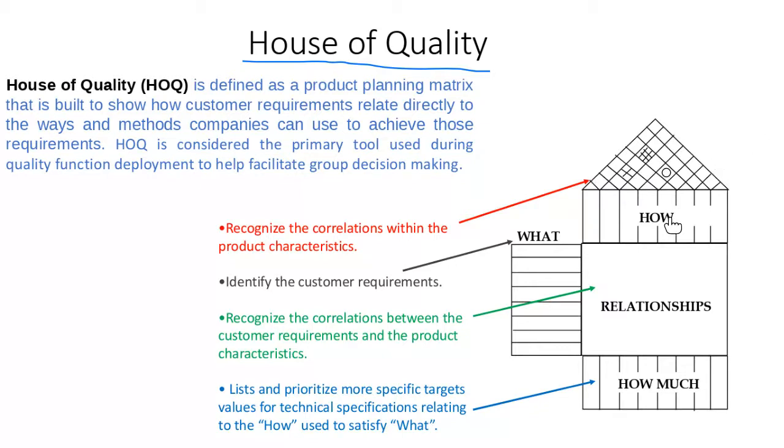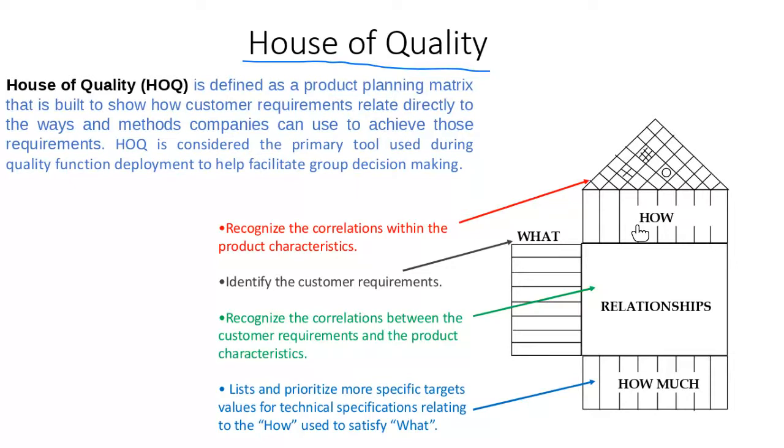For example, the handling system affects both the comfortable driving experience and the noise in the driving experience. So the relation between the handling system and the material used to reduce the noise will be high.